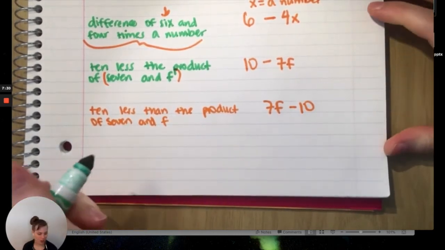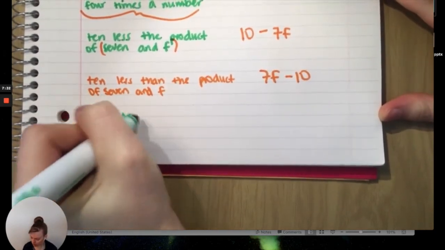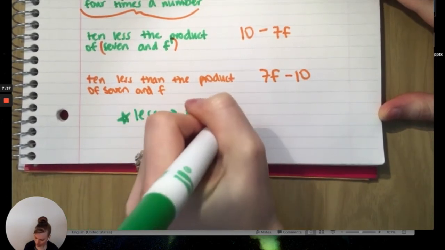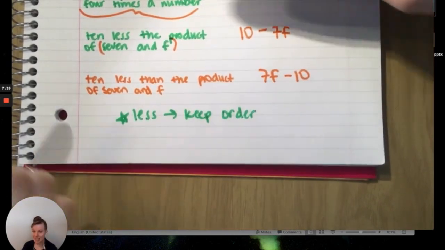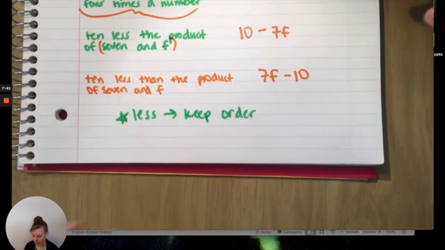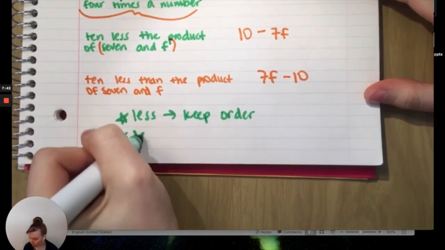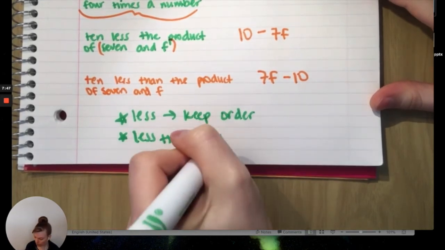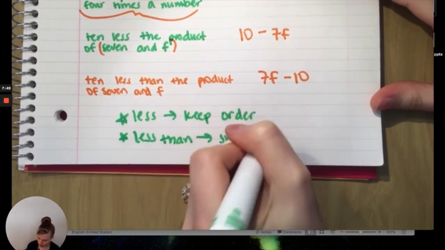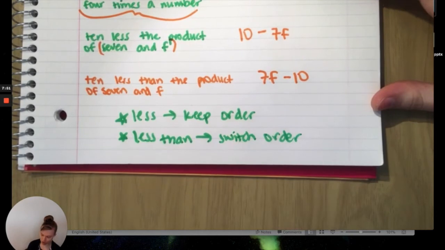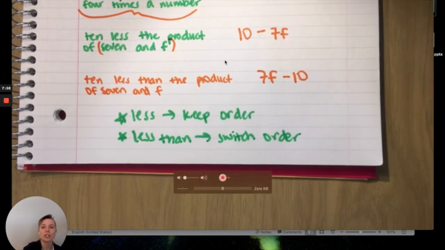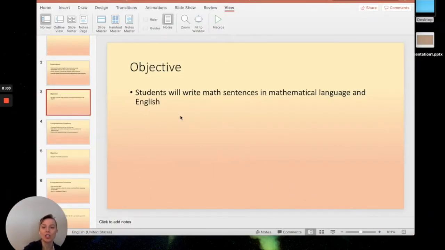I have a comprehension question for that coming up too. But just as a note, with less, you keep the order. So it's going 10 first, then the product of 7 and f. But if it goes less than, you're going to switch the order. 10 came last, and the product of 7 and f came first. All right, so we have that all good.